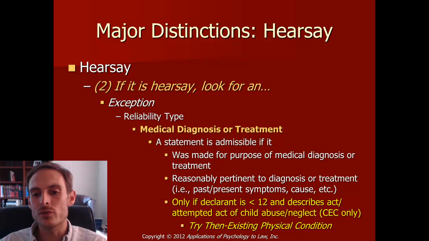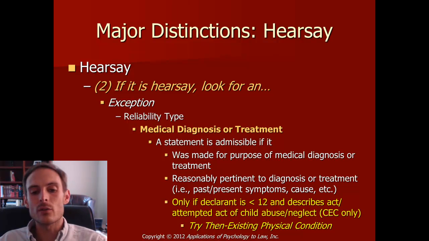The federal rule, as a quick reminder, is a statement is admissible if it was made for the purpose of medical diagnosis or treatment, and it was reasonably pertinent to diagnosis or treatment, and that can include past or present symptoms, and you can even attribute the cause of whatever pain or symptoms you're experiencing.